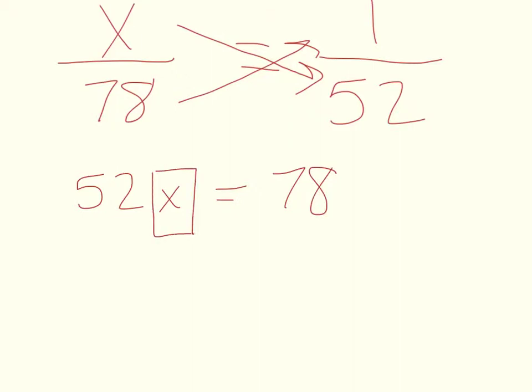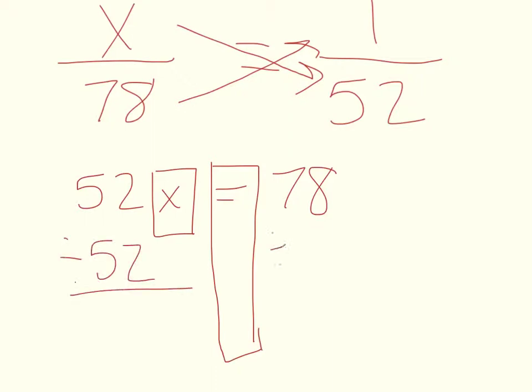You divide both sides by 52, because you're dividing both sides by the number that is with the variable. You get x over there. 78 divided by 52 is equal to 1.5. So that is the length of the scale model. The scale model is going to be 1.5. That's the wingspan of the scale model.